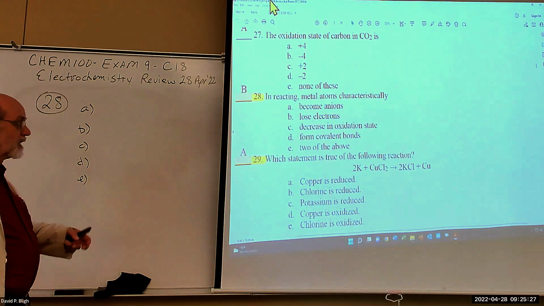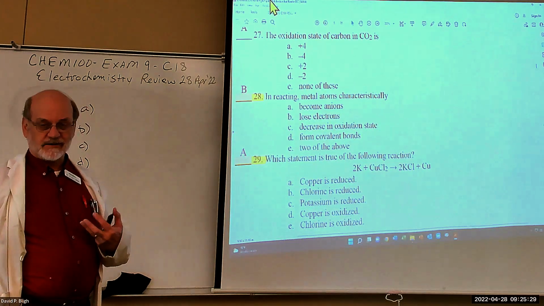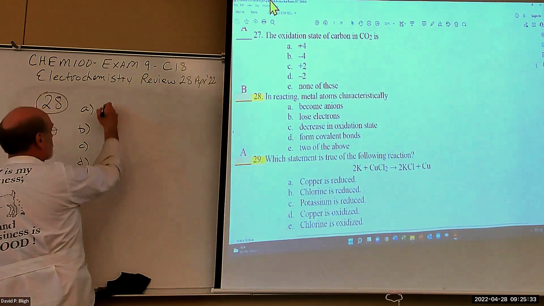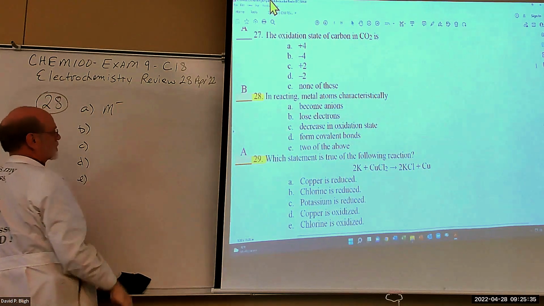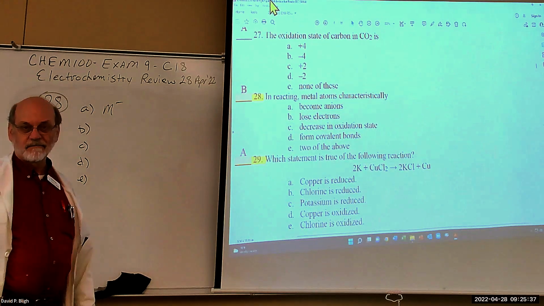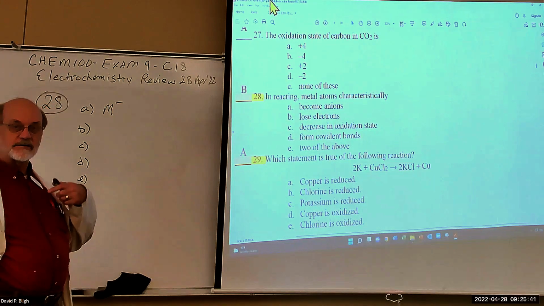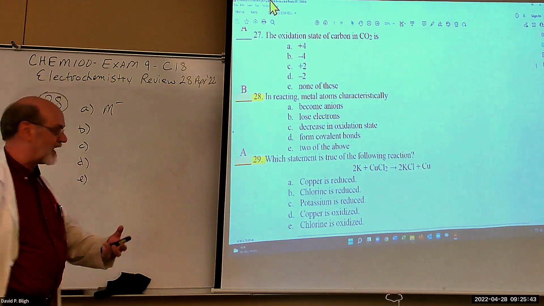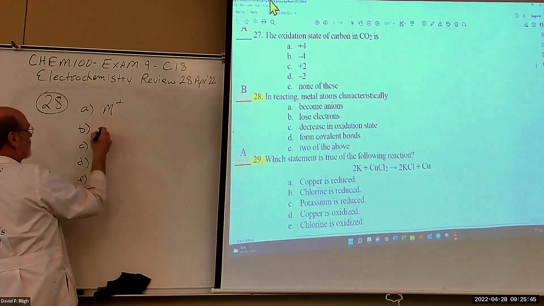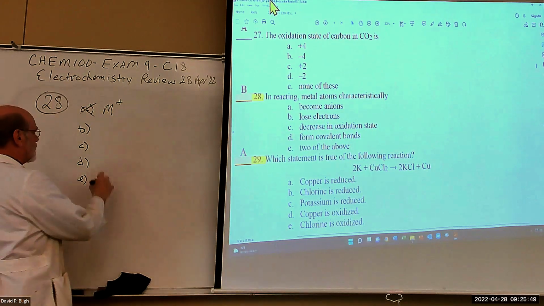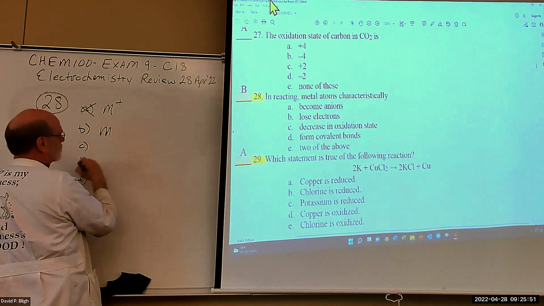Okay, so the first one, do metals become anions? What's an anion? An anion would be like a metal with a negative charge. That typically does not happen. In a chemical reaction, metals become positive ions. So A is wrong. B, they lose electrons.